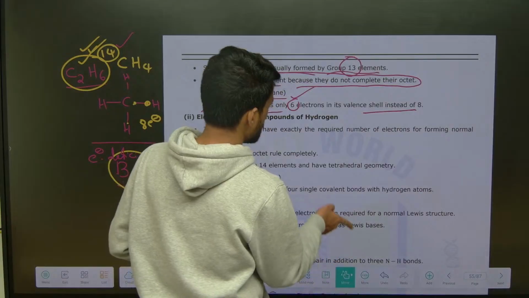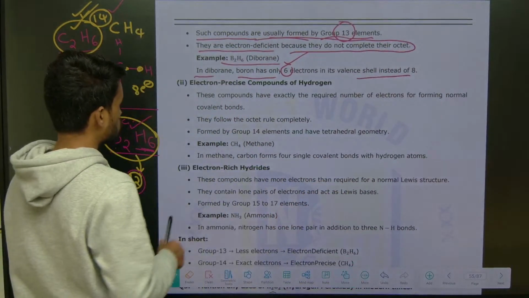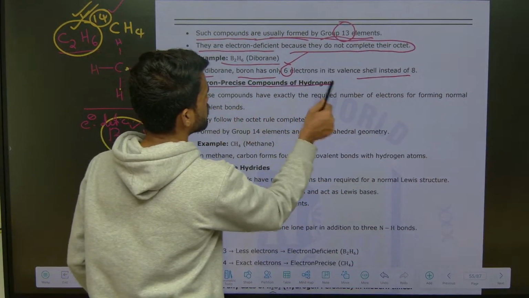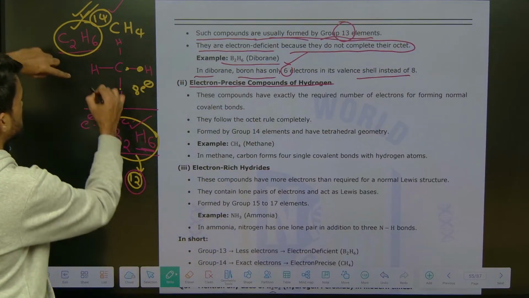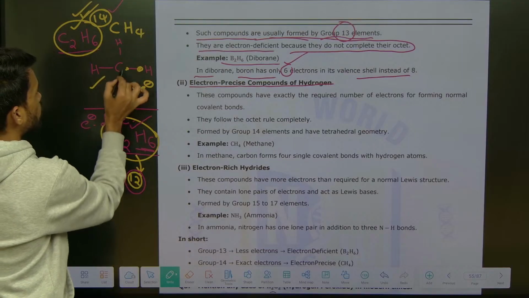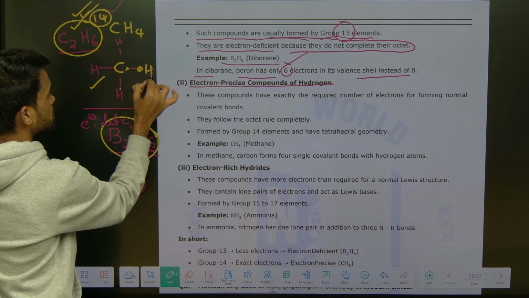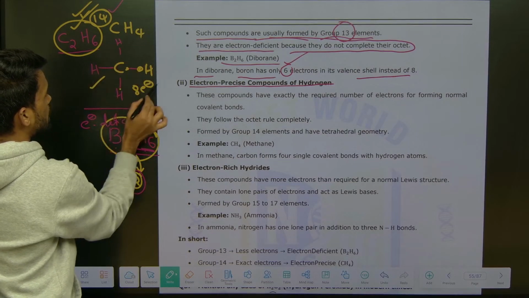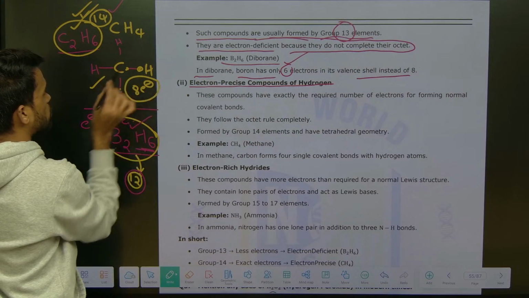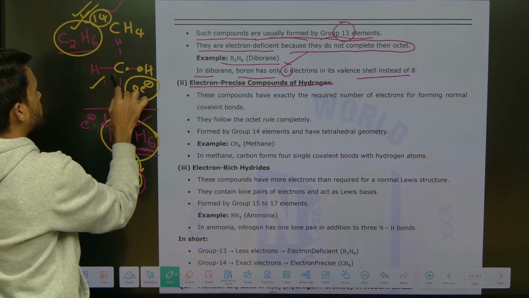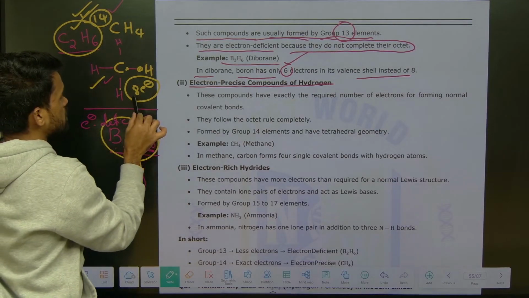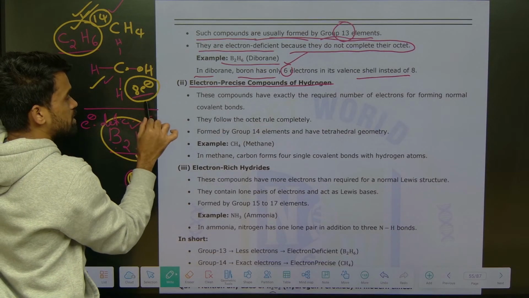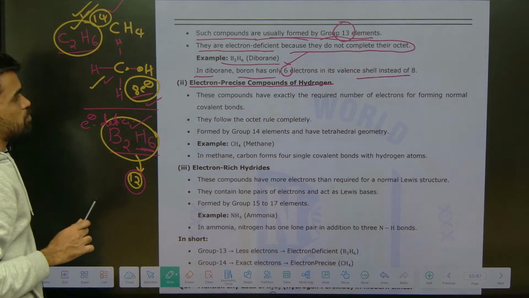Okay, electron deficient compounds. The next, electron precise compounds of hydrogen. Just now we discussed the methane molecule: carbon and hydrogen, a hydride. It contains the required octet number of electrons. 8 electrons are there, and all the valency orbitals of carbon are fully filled. So this has the required number of electrons, meaning it is an electron precise compound.